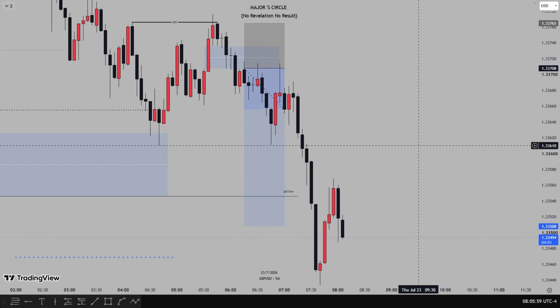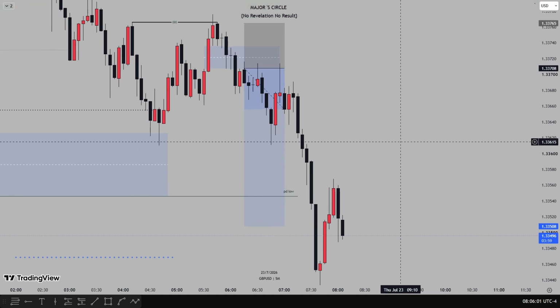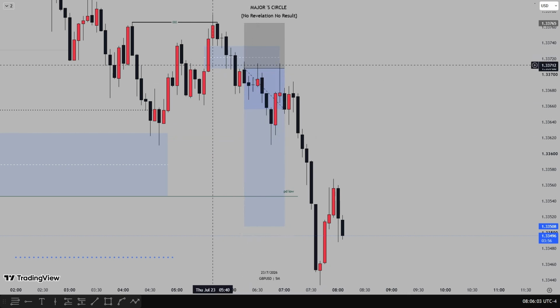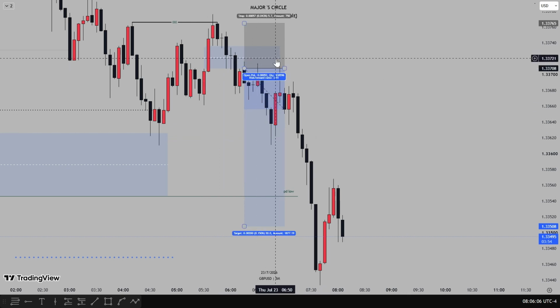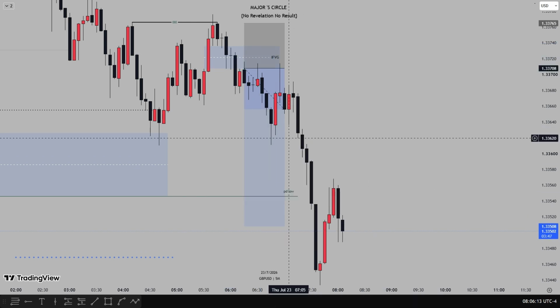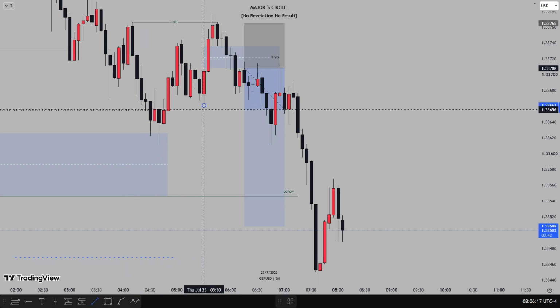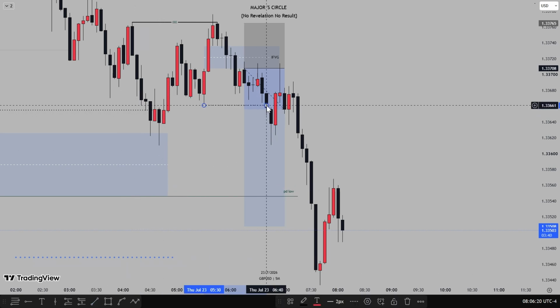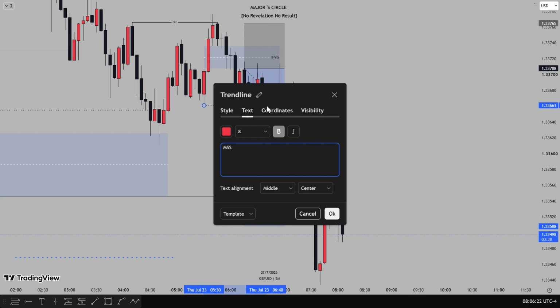And also, another entry model presented itself in case somebody had missed out on this inversion fair value gap, which is the IFVG. There was another chance to onboard the move, whereby we have this low being taken out, and that is a market structure shift.